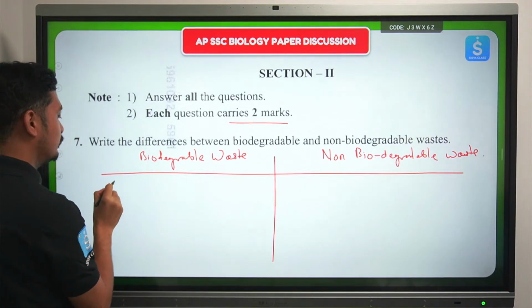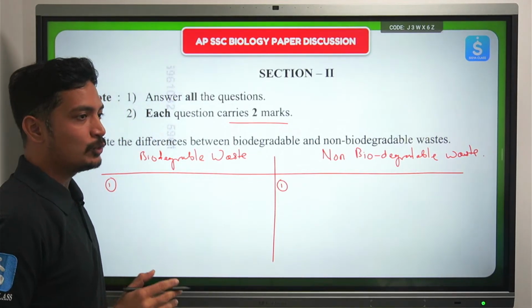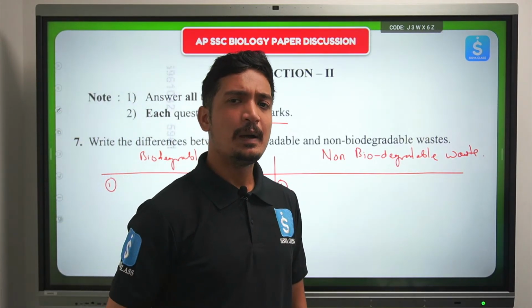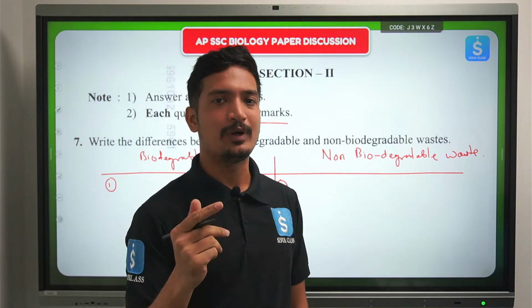Ideally for 2 marks you will write 2 points of differentiation, but to be on the safer side we will write 3, 1 point extra.